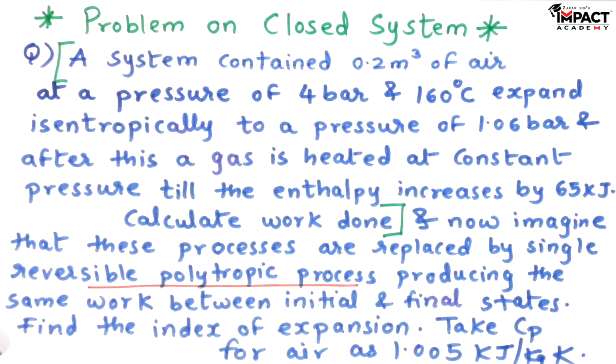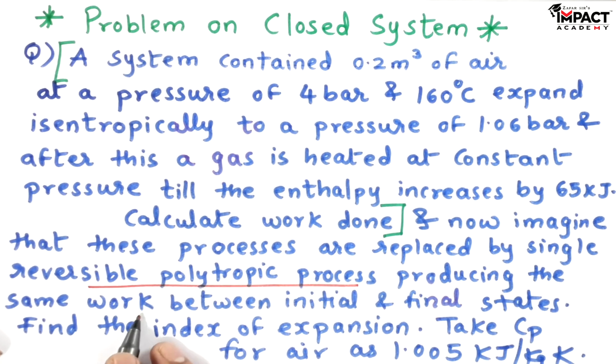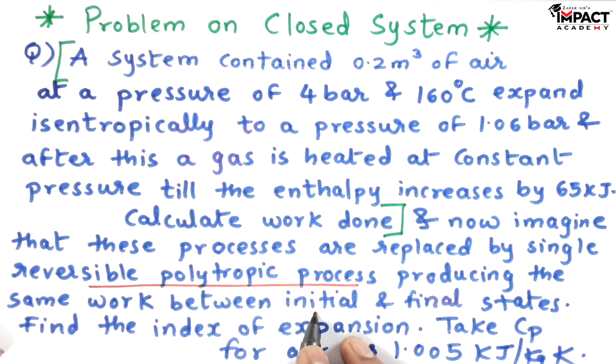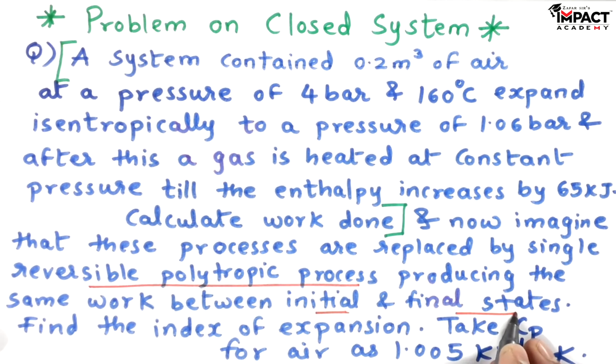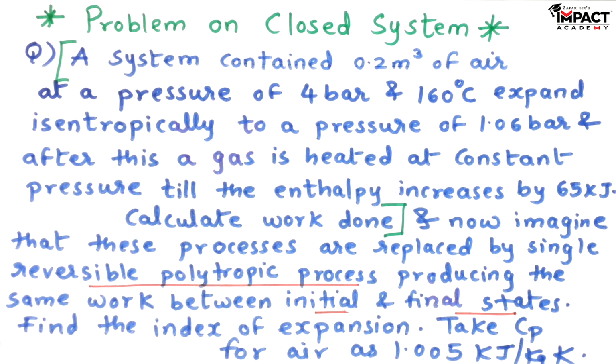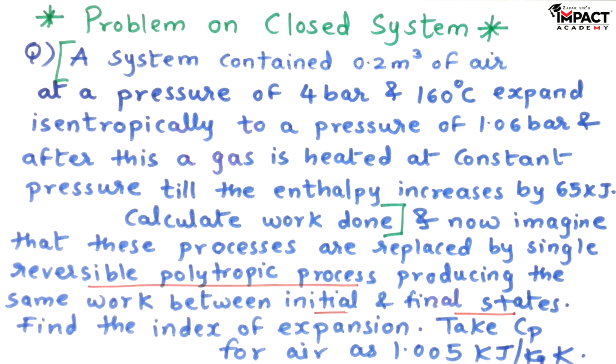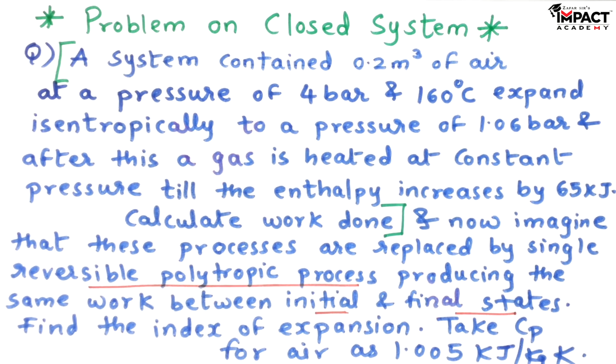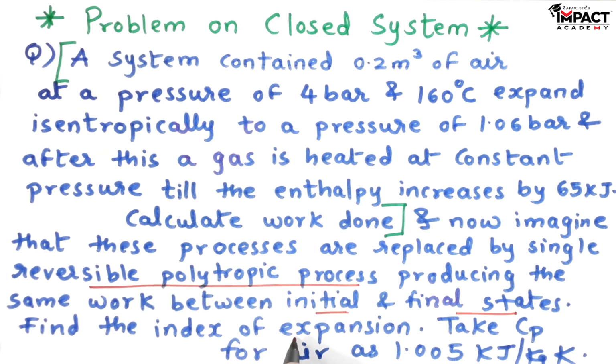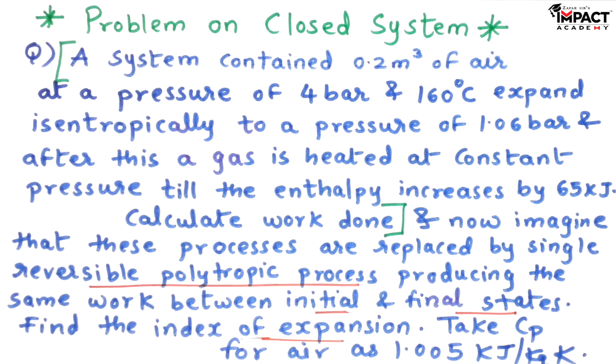So replace both these processes by a single polytropic process, producing the same work between the initial and final states. So we have to keep the initial and final states. Initial state was state 1, final state state 3. So the values of pressure, volume and temperature at those locations 1 and 3 will remain the same. And find the index of expansion. Take Cp for air as 1.005 kilojoule per kg Kelvin.